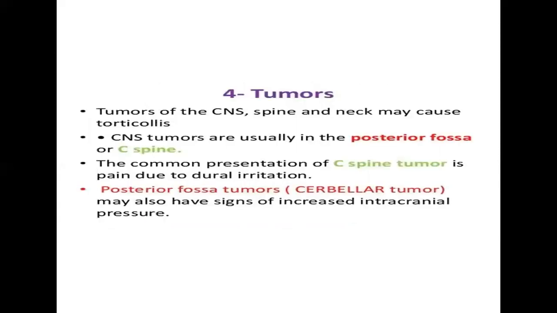Fourth, tumors. Tumors of the CNS, spine and neck may cause torticollis. CNS tumors are usually in the posterior fossa or C-spine. The common presentation of a C-spine tumor is pain due to dural irritation. Posterior fossa tumor, cerebellar tumor may also have signs of increased intracranial pressure.